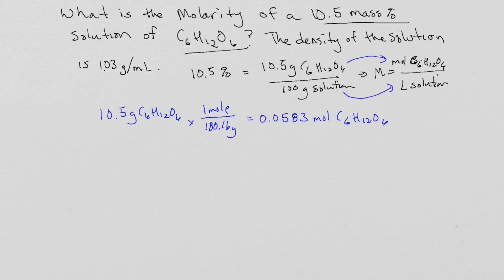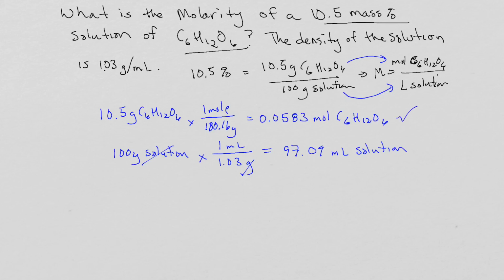So that gives me the top half. So what about the bottom half? Well, 100 grams of solution, if I know that I have 1.03 grams per every milliliter, my grams cancel out. And that means I have 97.09 milliliters of solution.